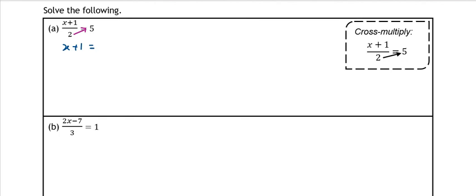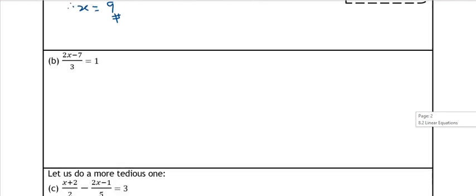On the right side, it's 2 times 5, which is 10. So you solve it by using the equality rule. Therefore your x will be 9. You can double check your answer here: 9 plus 1 is 10, 10 over 2 is 5. Right, let's move on to the next one.